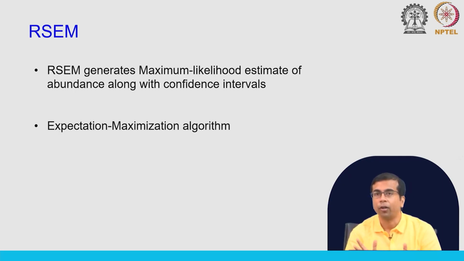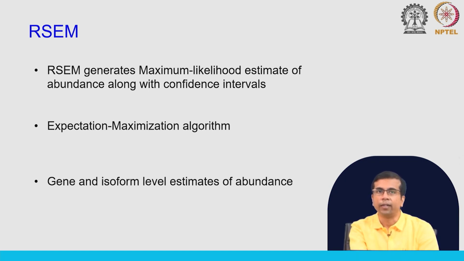Again, we are not going into the details, but you are encouraged to look into these algorithms if you are interested in the algorithm part. What we get from this tool is gene and isoform level estimates of abundance. It can estimate isoform abundance because it utilizes maximum likelihood estimates through the expectation maximization algorithm.